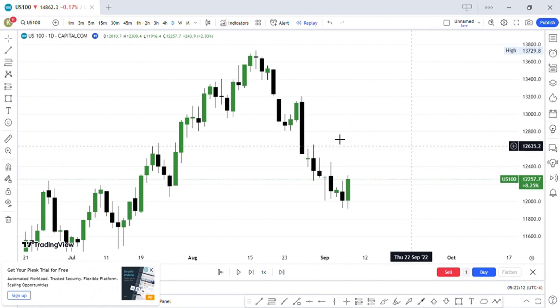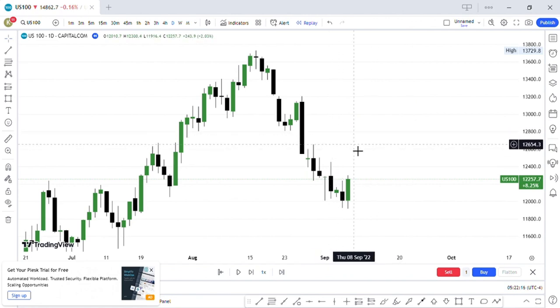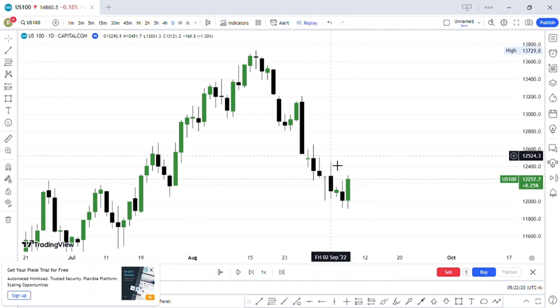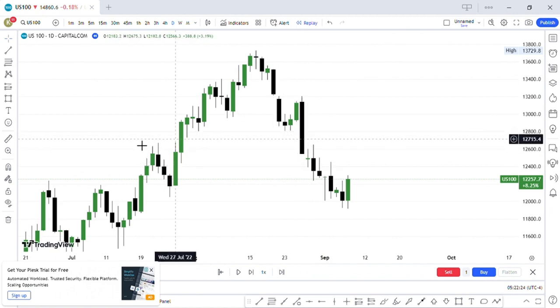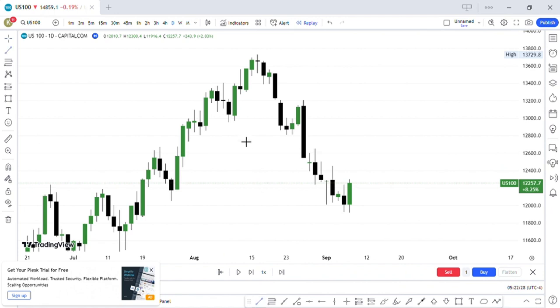Okay, guys. Now for our first example, we're going to use the US 100 on the daily time frame. What you are looking for is the premium and the discount market to see whether we're going to be buying or selling the market. If you look here, we know that we are in a downtrend because we have this market structure shift.